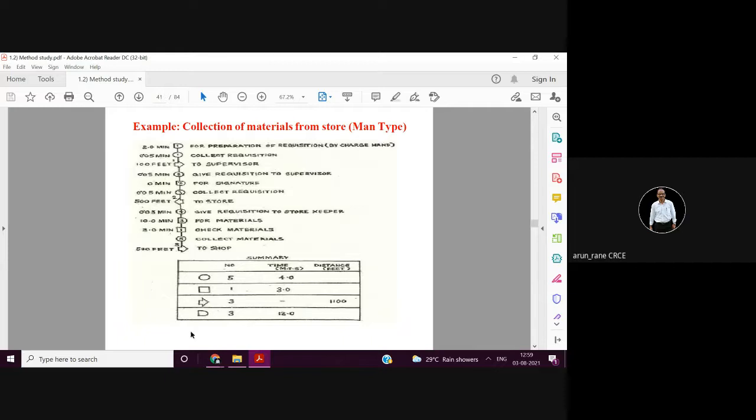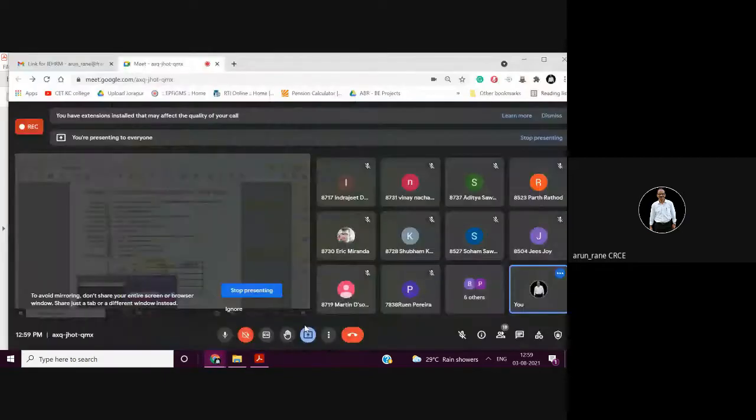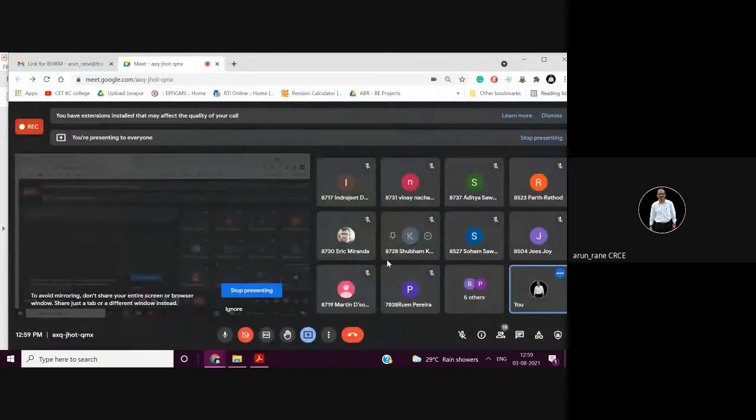Huh? Hello, Indrajit, what is the full form of POUS? माहित आहे का? Can anybody tell me the full form of POUS? Aditya Sawant, Pereira, or Martin?